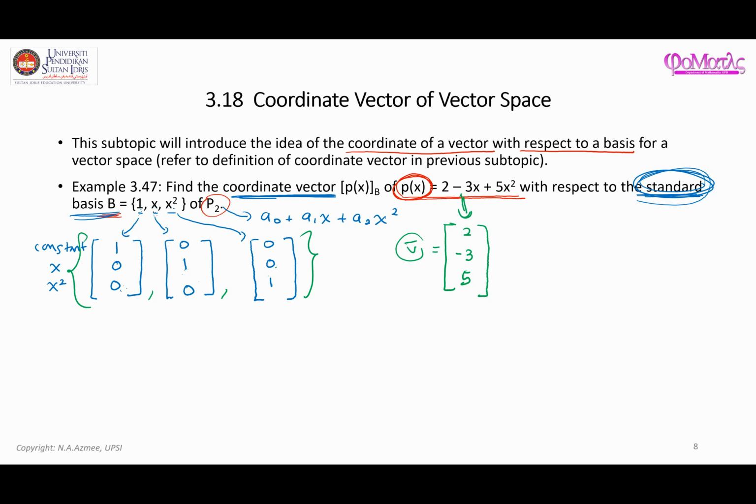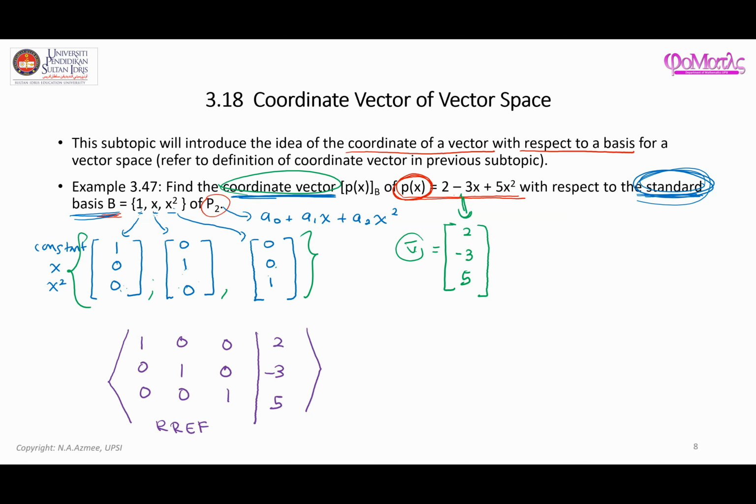Therefore, the starting point to find the coordinate vector is, of course, to combine the basis and this vector together. So the starting point will be to write down 1, 0, 0, 0, 1, 0, 0, 0, 1, and here is 2, negative 3, and 5. As you can see, this is already in RREF.